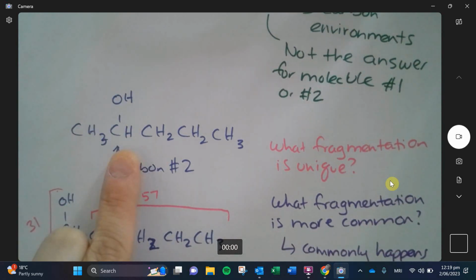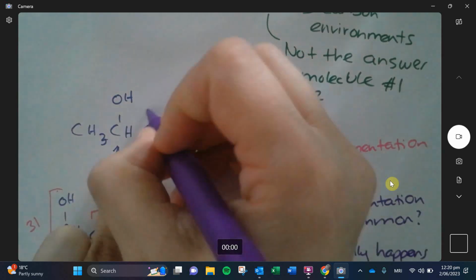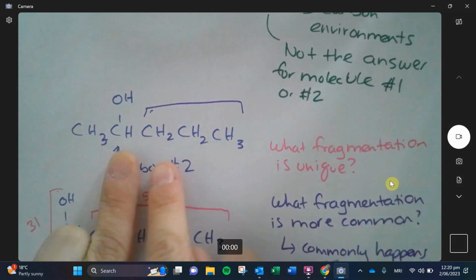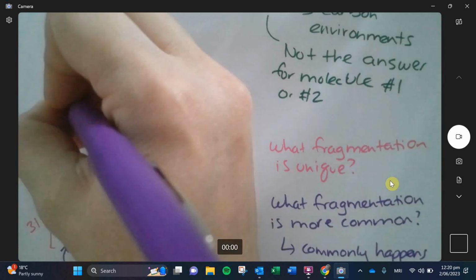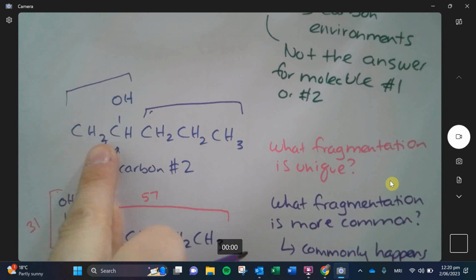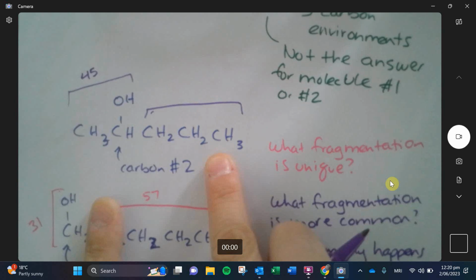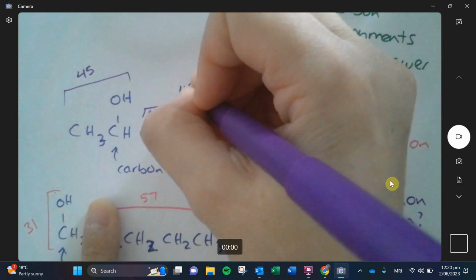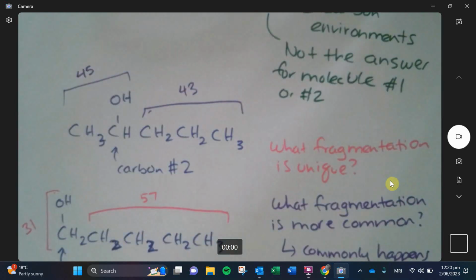So it could break with the CH3s over here, like that, and then this OH with the 2 carbons here. If it did that, I would expect a peak at 45. I would also expect a peak at 43 as a common one.